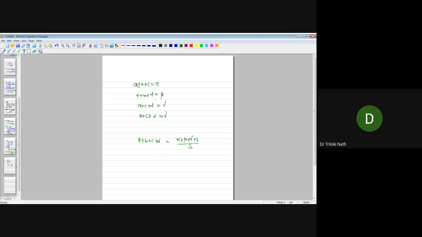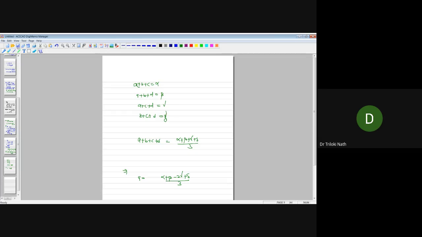If you want to find the value of A, B plus C plus D is already delta, so just put minus delta. That means minus 3 delta, so minus 2 delta. So the value of A will be alpha plus beta plus gamma minus 2 delta, divided by 3.